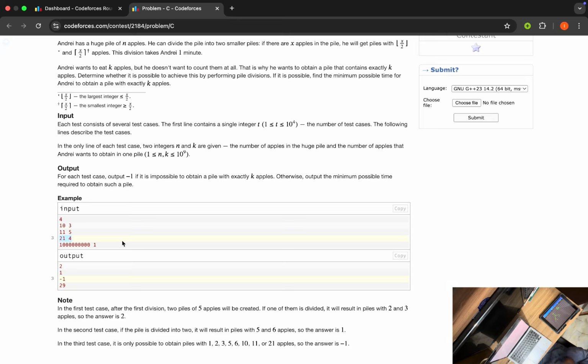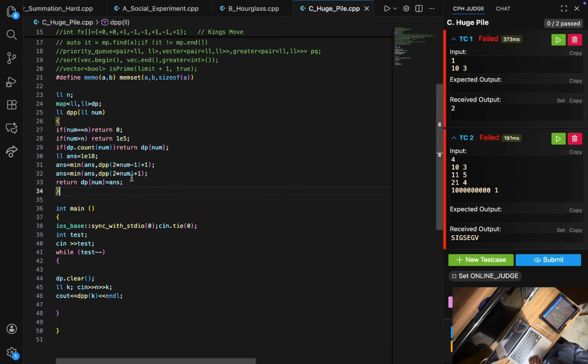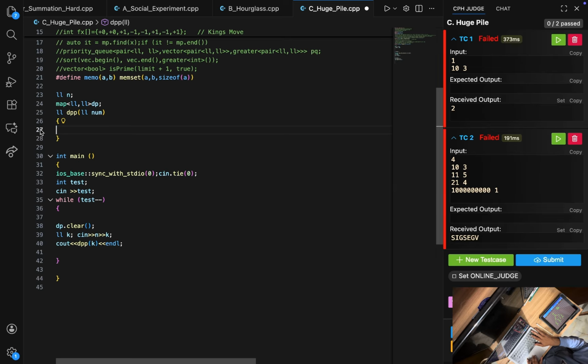Okay, so 5 and 5, there's 6 and 5. From here there's the same stuff, same stuff. Okay, I think I should go from the top. It's all the same stuff actually.